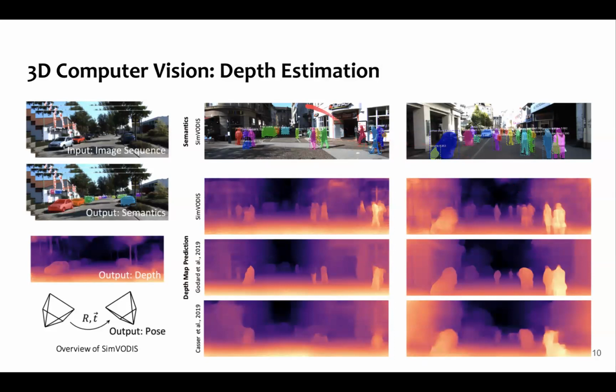And this is called SimVidis, Simultaneous Visual Odometry and Depth Detection and Instance Segmentation. This algorithm takes 3 consecutive input images, and it generates the semantics. So what this object is and what that object is.